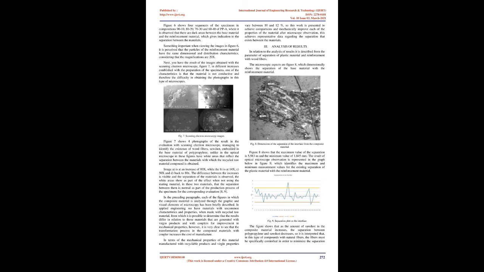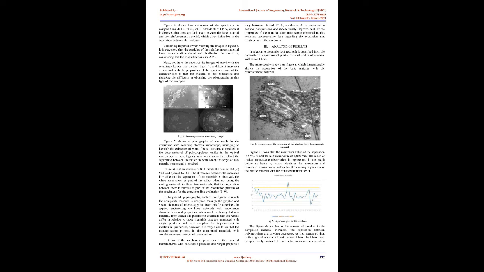In applied engineering we have materials with uncommon characteristics and properties when made with recycled raw material, from which it is possible to determine that the results differ from those materials that are generated with virgin products and with couplers for improvement in mechanical properties. However, it is very clear that the transformation process in the compound materials with coupler increases the cost of manufacture.